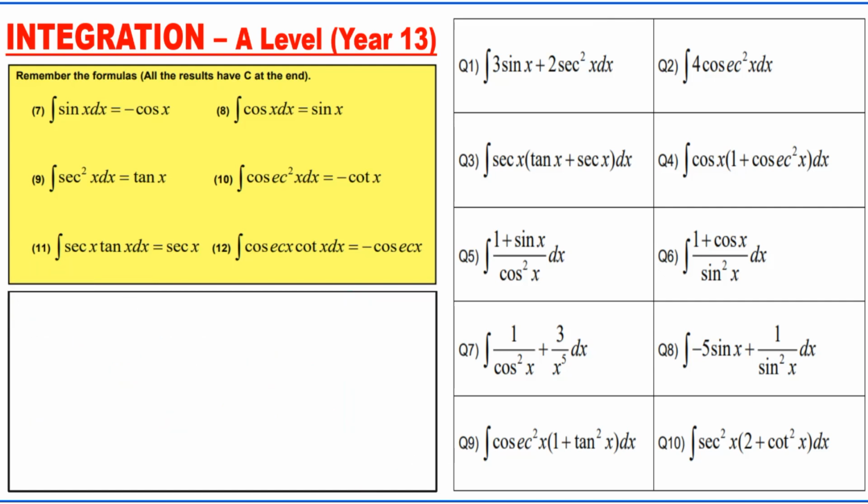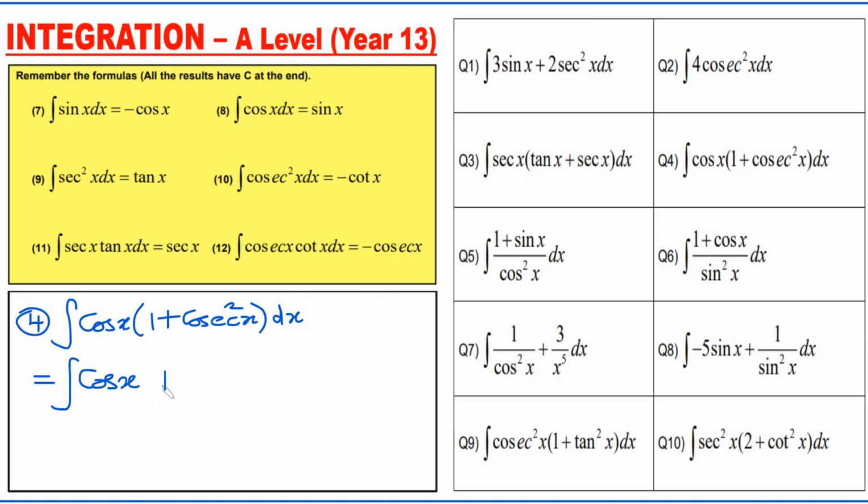The next, question number 4. Integrating cos x times the bracket 1 plus cosec squared x dx. Again, same principle, we are going to expand the bracket. Cos x times 1 is cos x, plus integrating cos x times cosec squared x. Cosec squared x, everyone knows, is 1 over sin squared x.